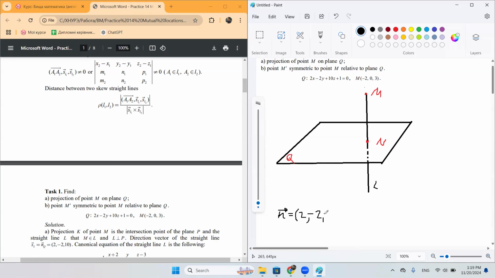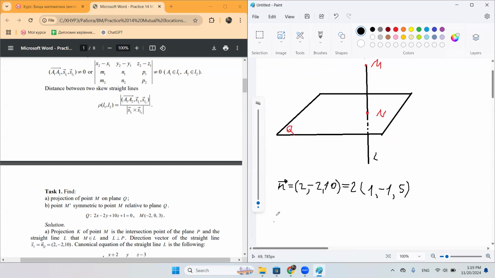We can use 2, minus 2 and 10, but we can reduce it for easier calculation in the future. So we can divide it by 2. So I can move 2 out of brackets. And direction vector will be proportional to the normal vector. It doesn't always mean that we need to take the same, but it can be proportional. Less numbers, easier calculation, usually.